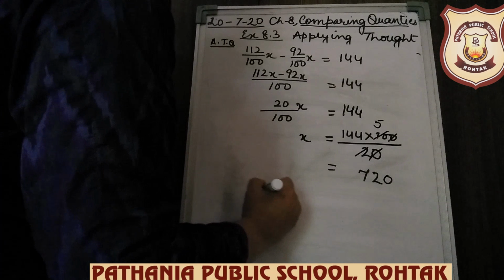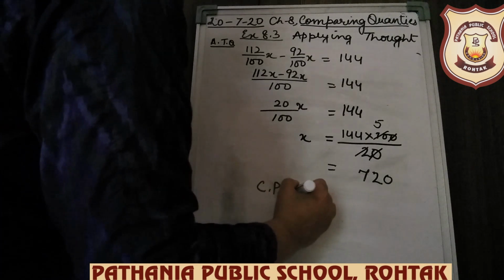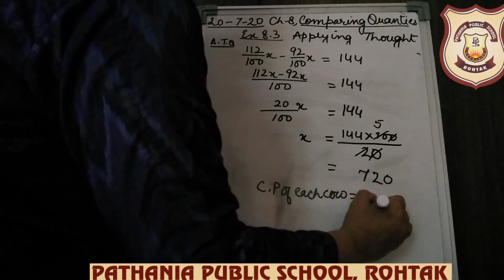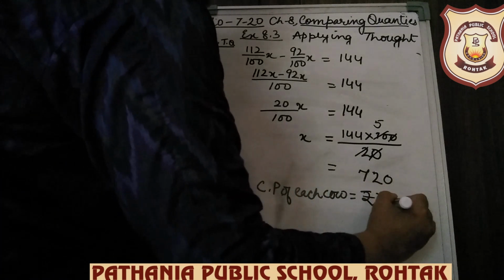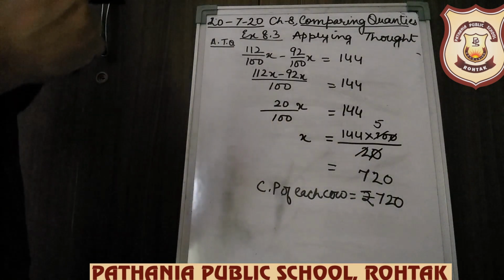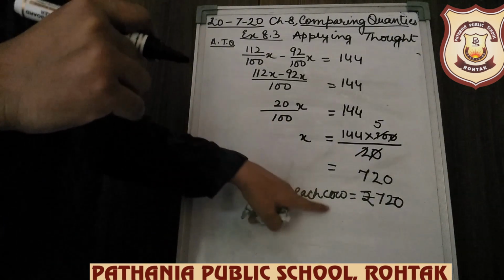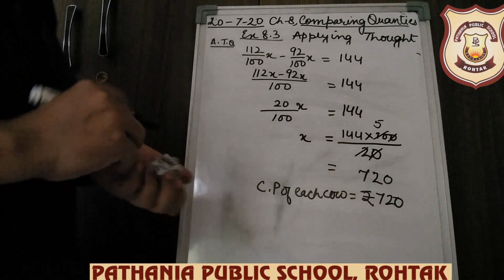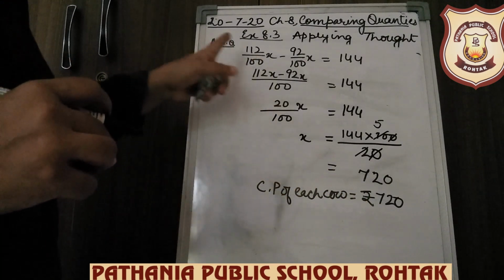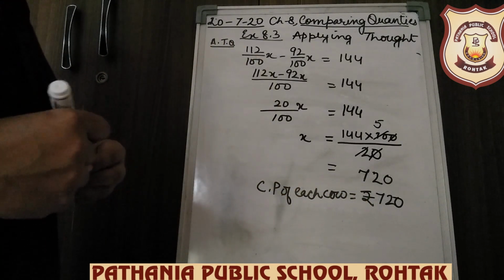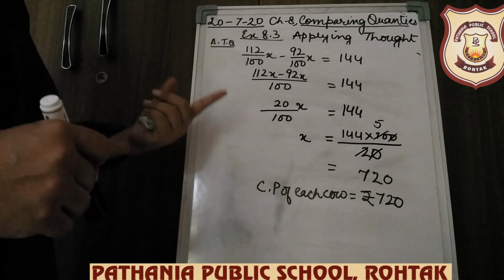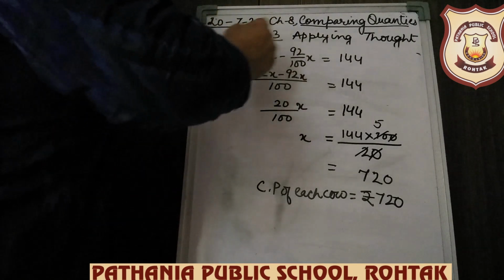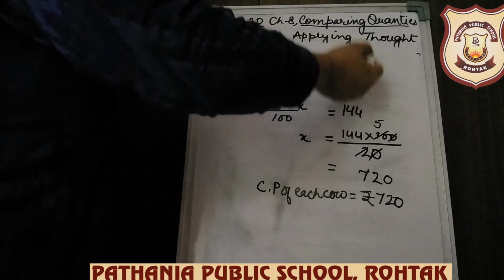So the CP of each cow is equal to rupees 720. So he bought 2 cows, each at a rate of 720 rupees, and on one cow there is a profit of 12%, and on the other cow there is a loss of 8%, and the difference of the SPs is given as 144.